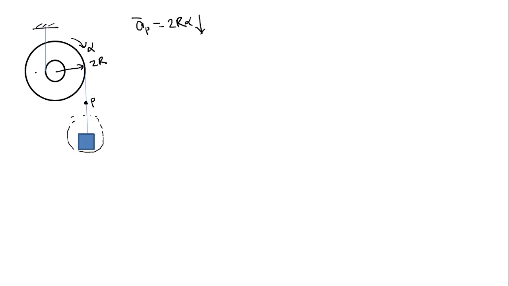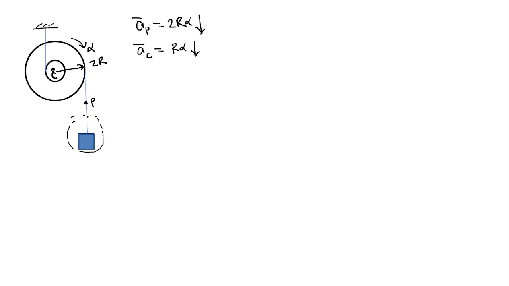Now, if you mark the center as C, what is the acceleration of C here? Acceleration of C is r alpha, because the inner radius is r. It is down.